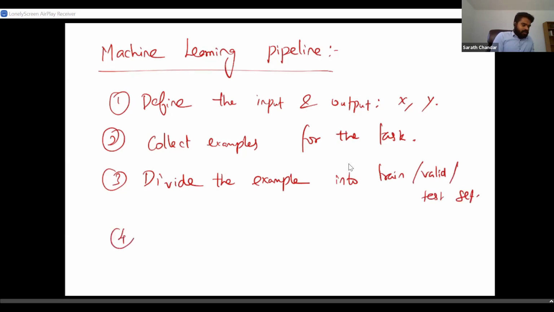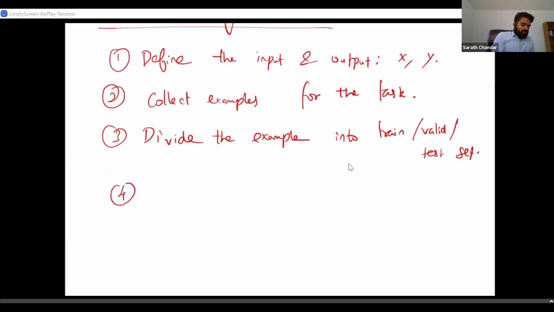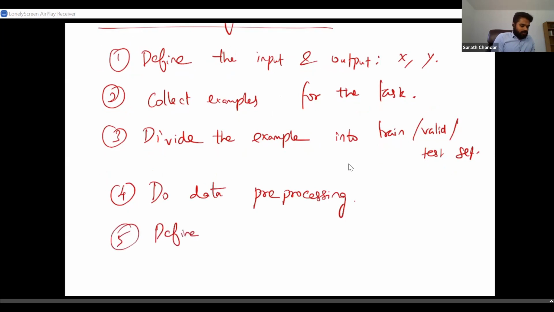Then you would do some data pre-processing, which we will discuss as we progress. Once you have pre-processed data, you will define your model.